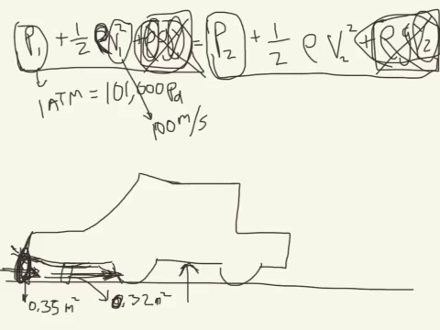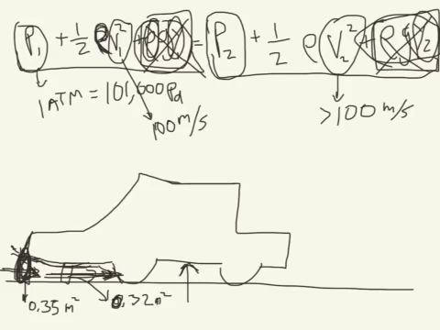And then what do we know about V2? Well, we know that the air increases its speed just a little bit because the cross-sectional area decreases. Our pipe, as we call it, gets a little narrower, so the velocity must increase. So it's a little bit greater than 100 meters per second. And we're going to actually have to find what it is exactly.